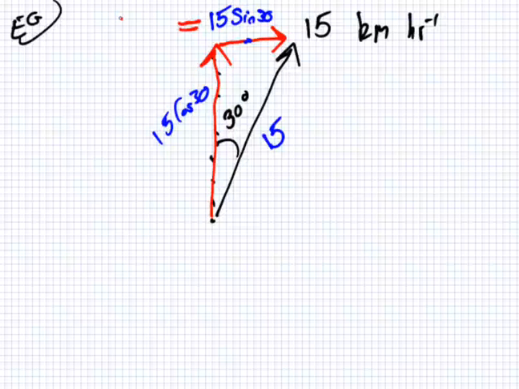Okay, let's have a look at an example. We have this vector which is 10 horizontal and 20 vertical. What is the magnitude of this vector? So the vector is 10 meters per second this way, and 20 meters per second this way.